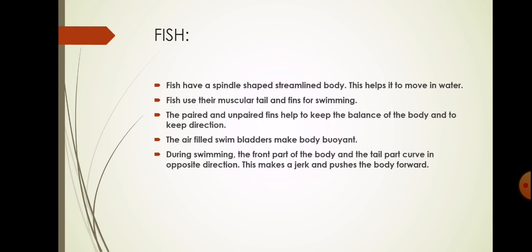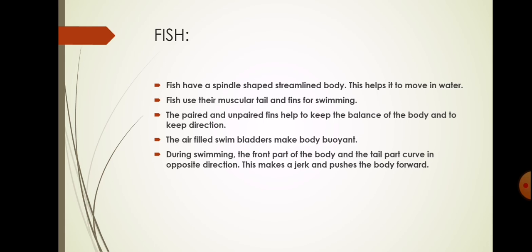In the same way, fish has an air bladder in their body, and because of this air filled bladder their body can be buoyant, or their body can float on the water. They do not sink inside the water because of the air filled bladder present in the body of the fish.